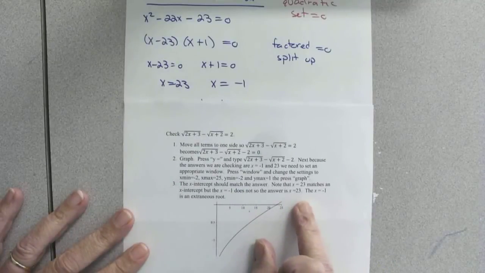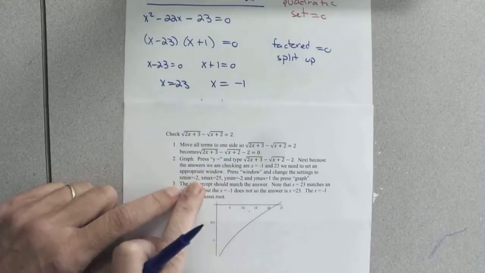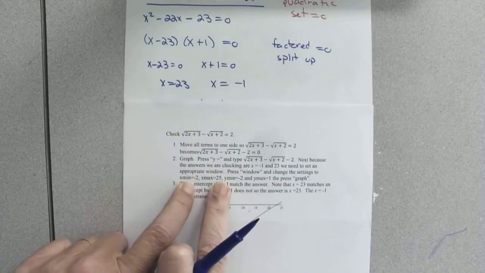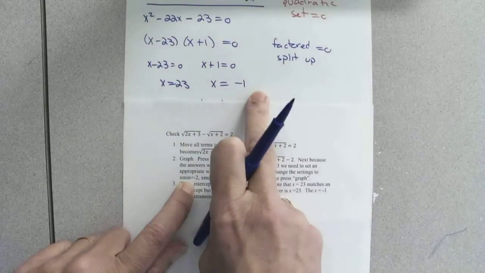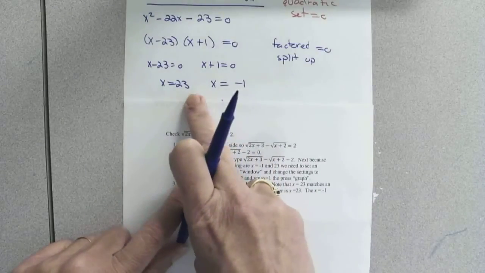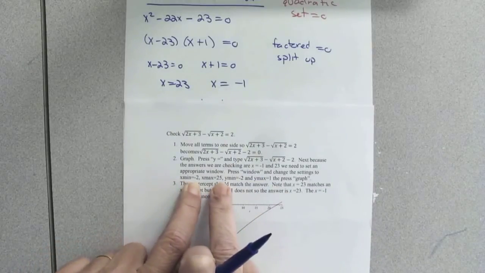So I put it all in there. And I did a window of negative 2 to 25 because that would take into account my two numbers here. I had values of negative 1 and 23. And so I picked a window that included my numbers.